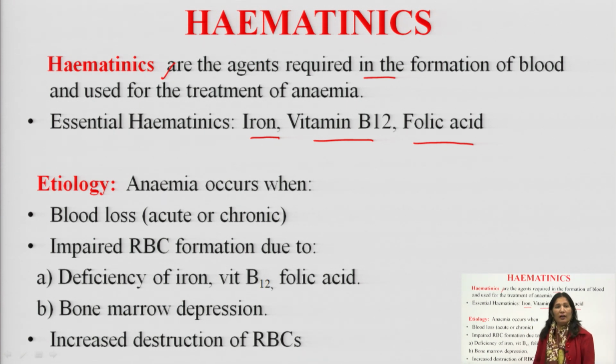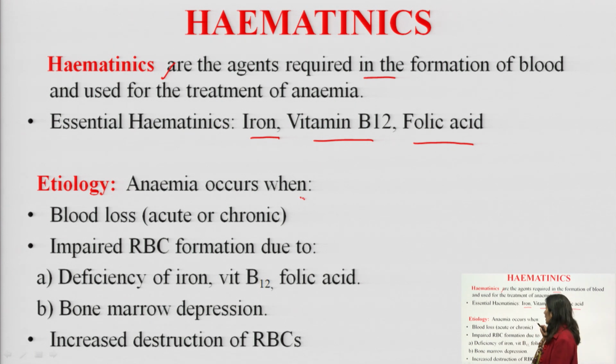We have already studied different kinds of anemia like iron deficiency anemia, pernicious anemia, megaloblastic anemia, sickle cell anemia. Among these, iron deficiency anemia is the most common type of anemia.